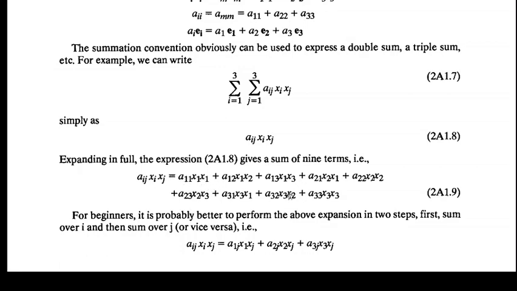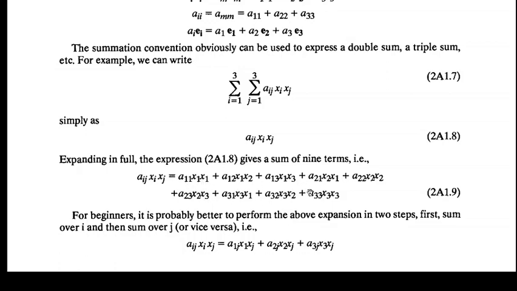How can we say that? Because i varies from 1 to 3 and j also varies from 1 to 3. First you will open the summation on i, and you will have a1j x1 xj plus a2j x2 xj plus a3j x3 xj. Then again you will open the summation on j in the first term, then the second term, then the third term, and you will have these 9 terms.